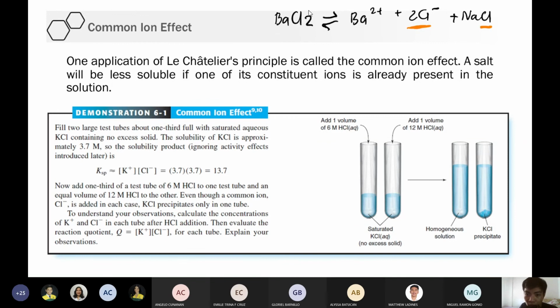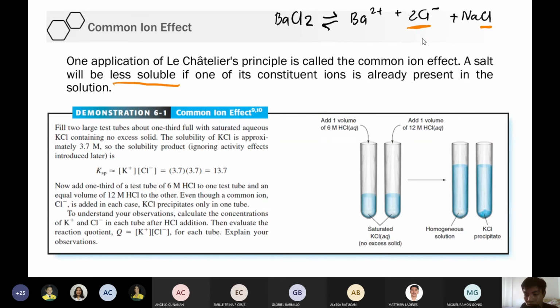Pag itong solution ko, nilagyan ko ng Cl ions, common ions, ibig sabihin nun, dadami yung products kaysa sa reactants. No? So imagine the water bucket analysis natin. So kapag mas marami yung nasa product, in-increase mo yung concentration ng product, it will push the reaction to the left. So that means your salt will be less soluble. Okay? Mamumuo yung salt mo na yan. Meaning, saturated na siya. Okay?